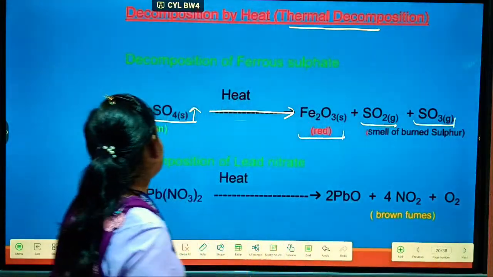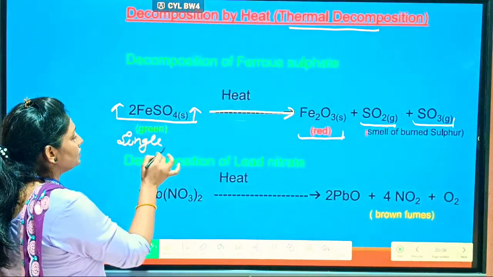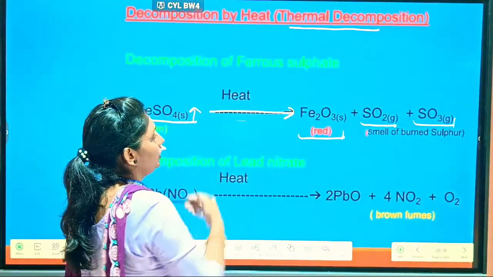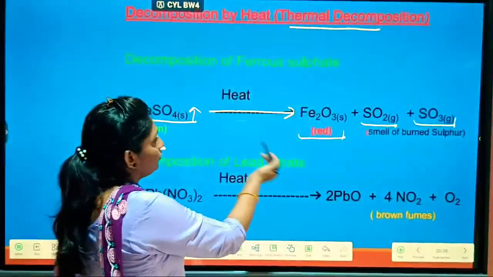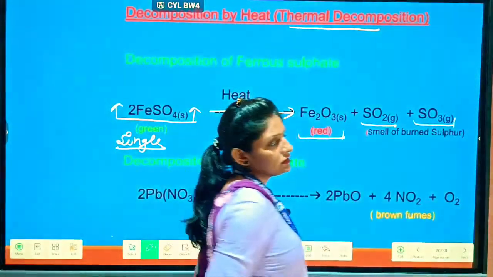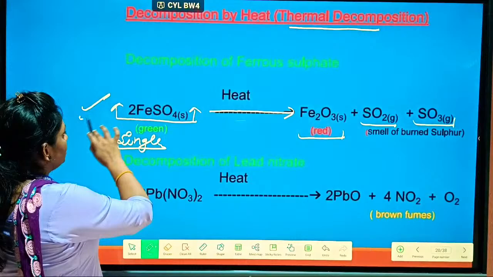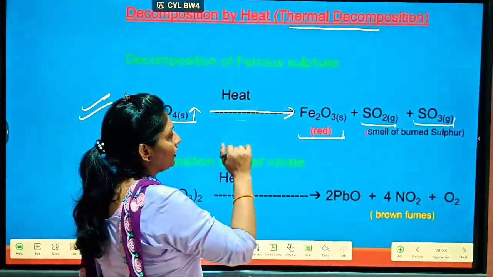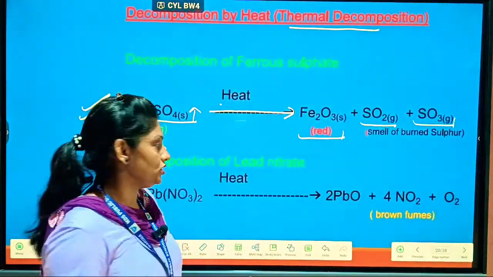So students, here you are having a single substance, that is ferrous sulfate. After heating, if you are providing the energy in form of heat, then it can break down into these three substances. So this is also an example of decomposition. And here you are providing energy in form of heat, so it is thermal decomposition.